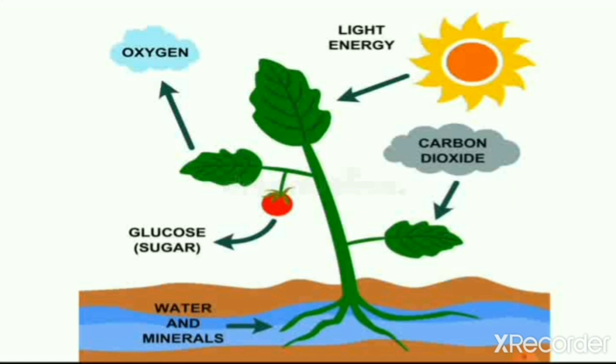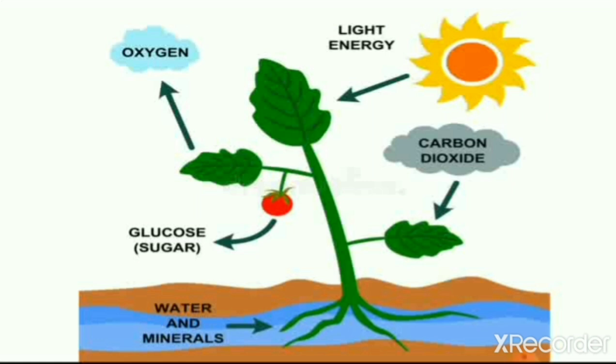As we learned in the first lesson, living things need oxygen for breathing. So this is a very important and useful thing for living things, which we get from the leaf. The leaf is a very important part of the plant, and also very important for living things, because we get oxygen from the plant through the leaf.